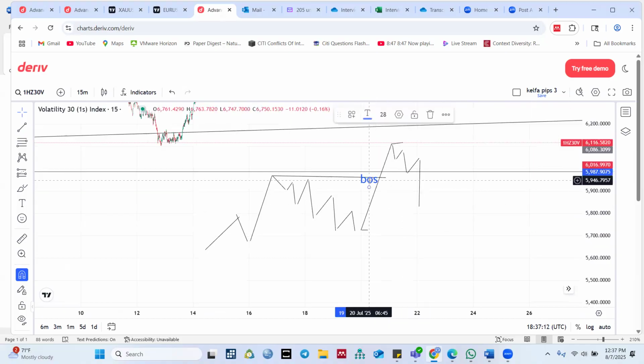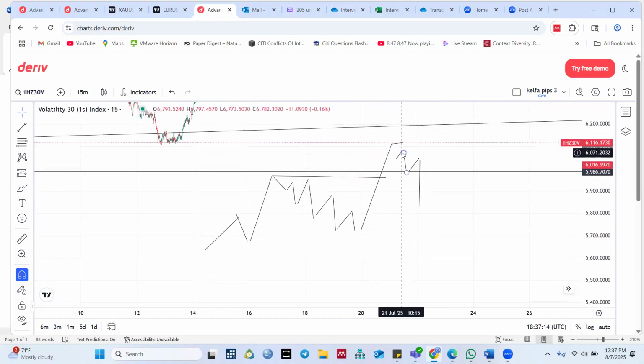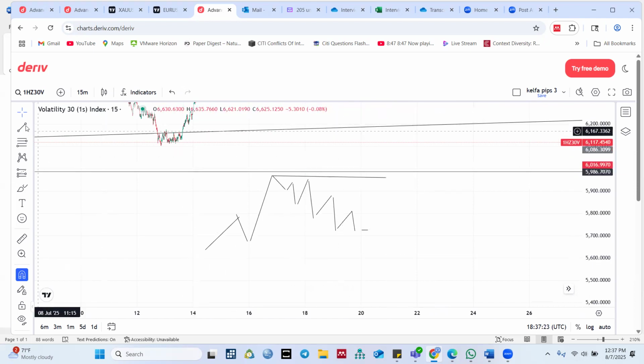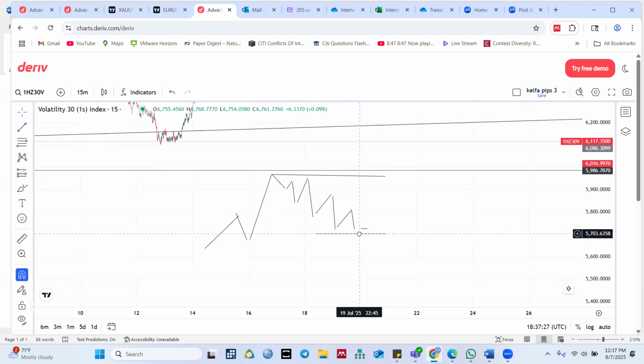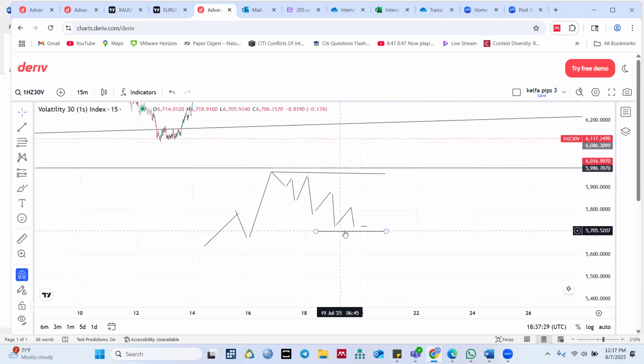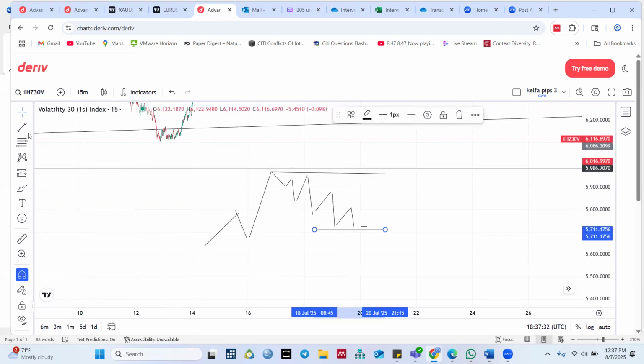Okay, now let's say in a real life situation we were expecting to buy at this discount zone, and then the market broke the 78.6% here and dropped down.